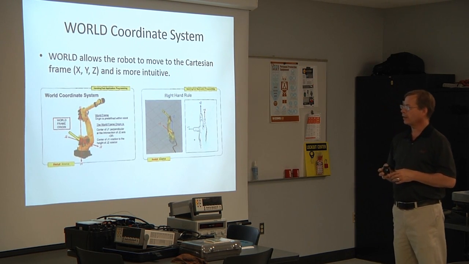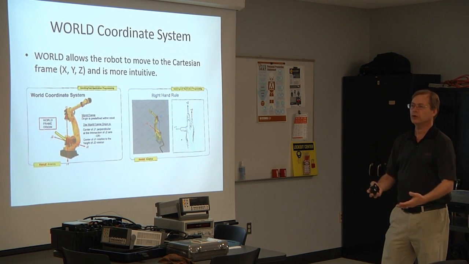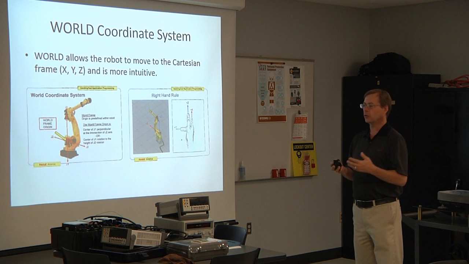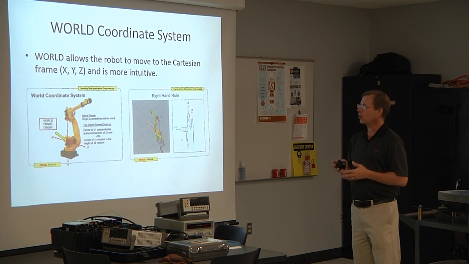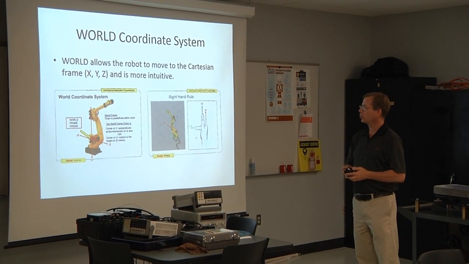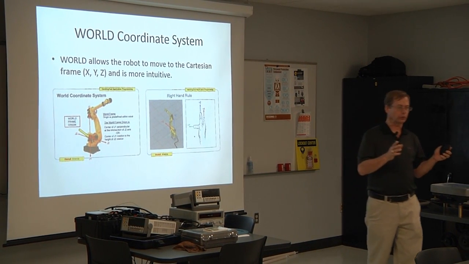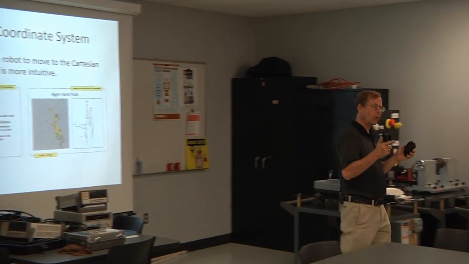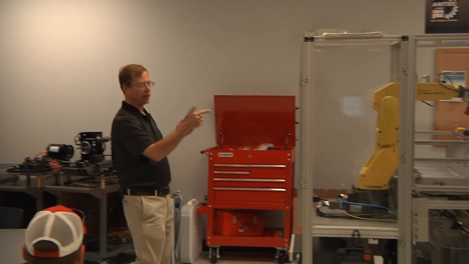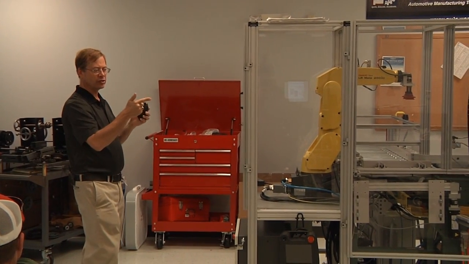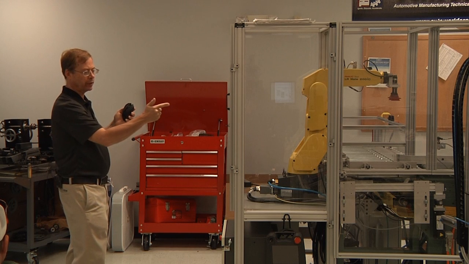So the reference frame that is most intuitive to you requires the robot to do some interpolation, and that is the XYZ, or the world coordinate system. So in the robot's world, its X, Y, and Z is at its base, centered in the robot looking out. And I mentioned that X is forward, it's the robot's forward.